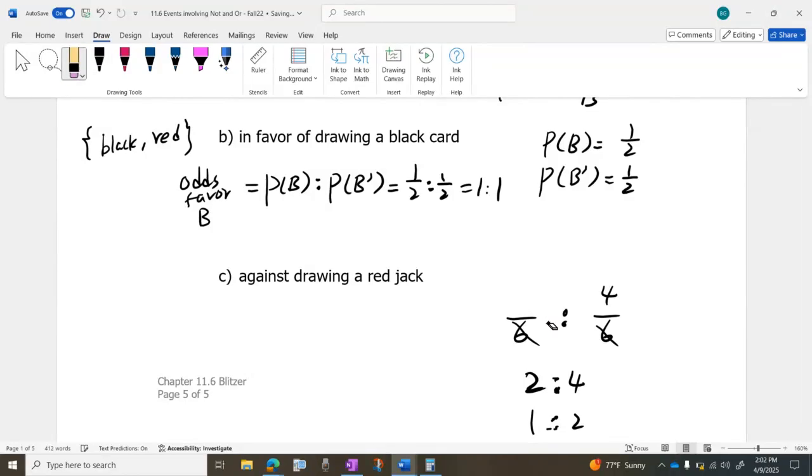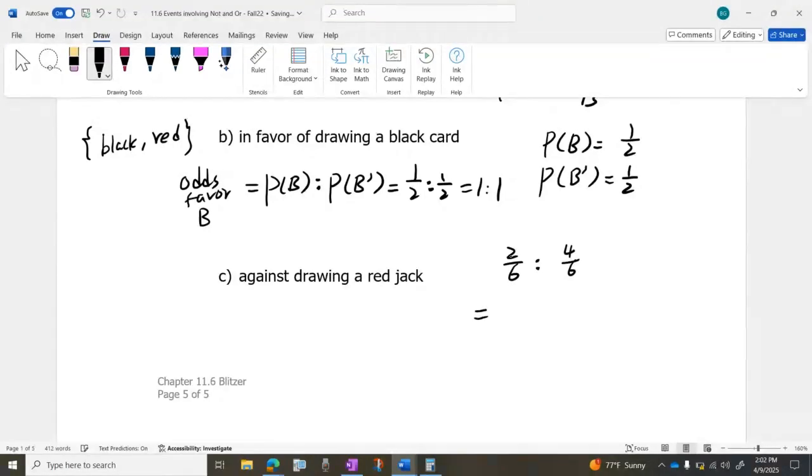And basically, you can also understand that as division of fractions. Let's say 2 over 6 to 4 over 6. You basically can write that as 2 over 6 divided by 4 over 6, right? And remember, when we divide fractions, we use keep, change, flip.